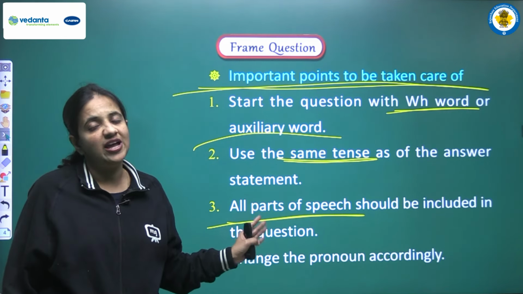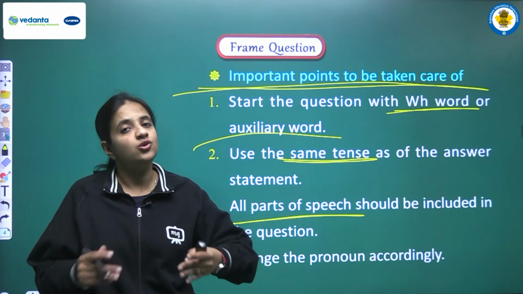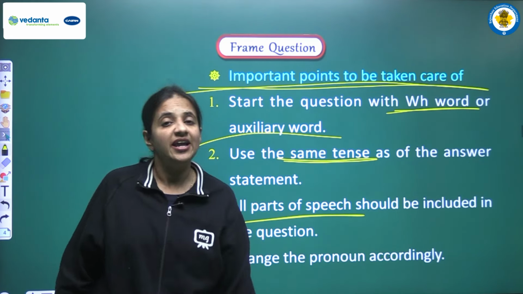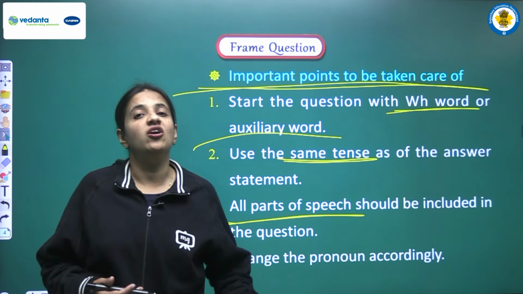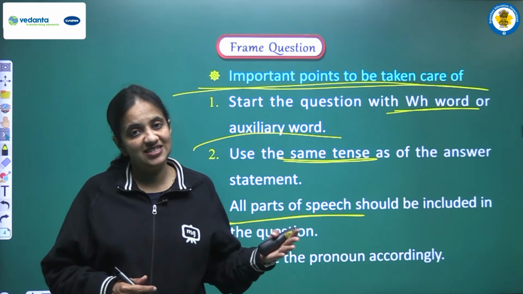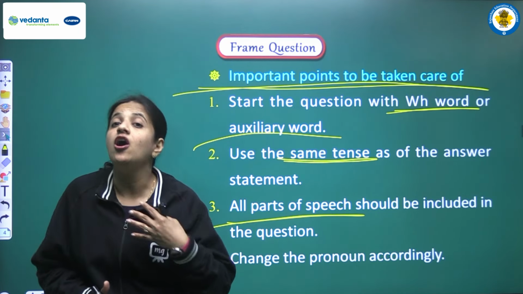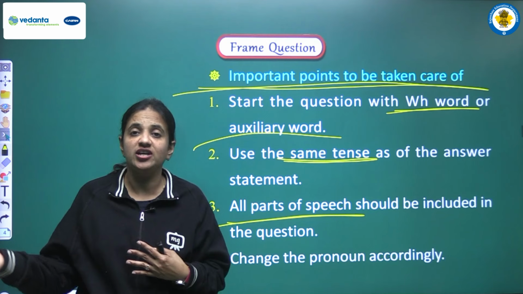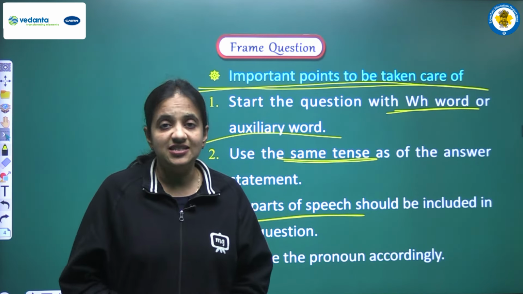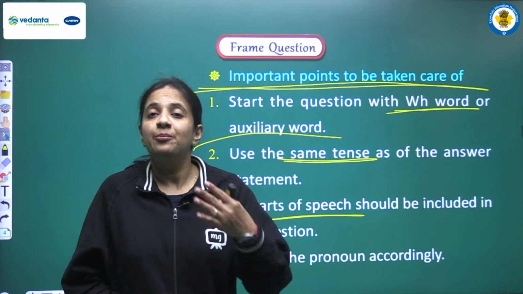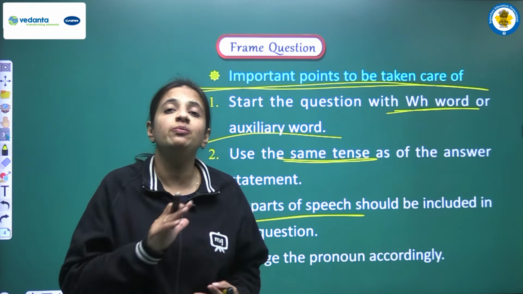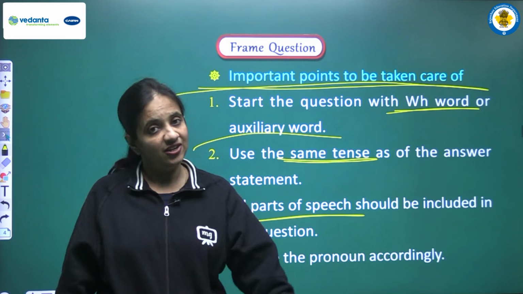It means that all the adjectives, all the adverbs, or whatever part of speech is there in the answer statement, we have to use in the question. Obviously the part that is the actual answer of the question, we will not use, but the remaining part of speech, each and every word should be there in the question, right?